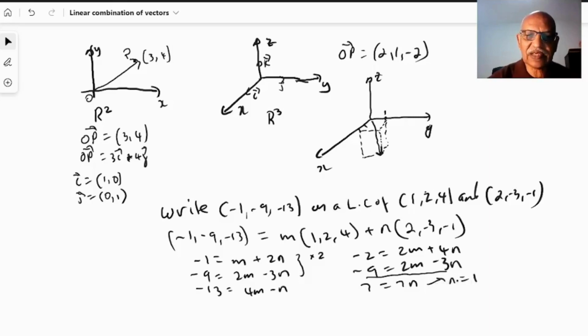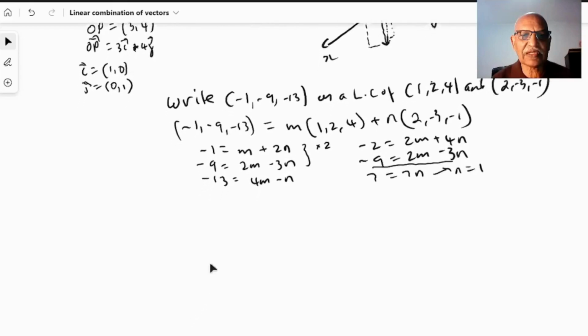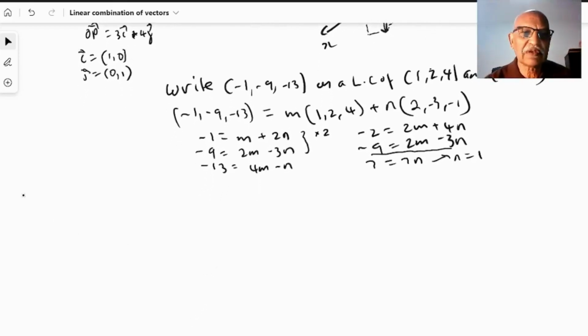Once I get n equal to 1, I substitute into one of the equations. So -1 equal to m plus 2 times 1, which means m equal to -1 minus 2, which is -3.